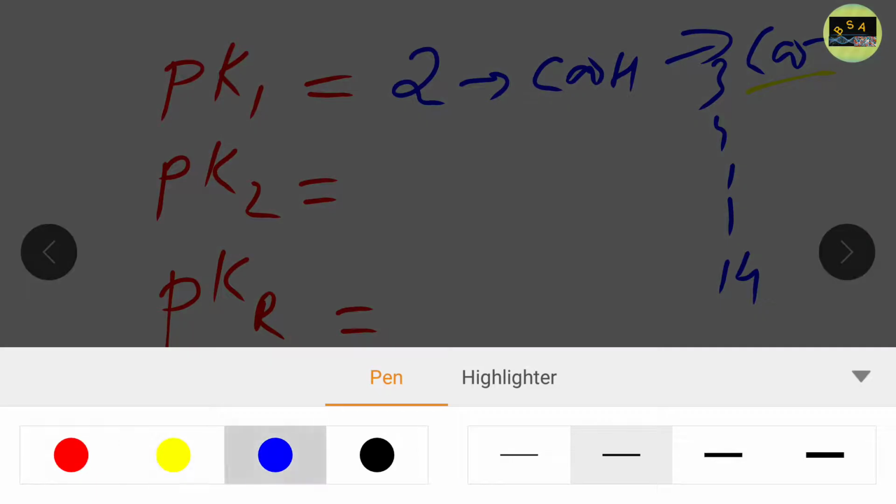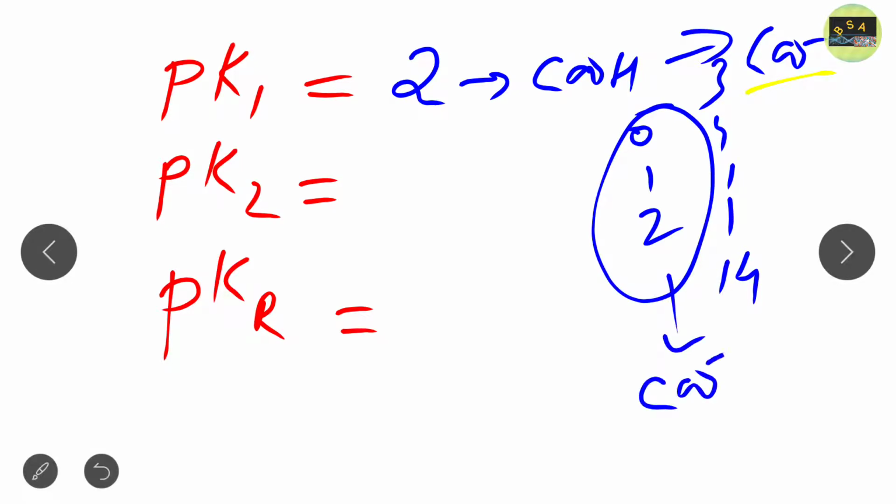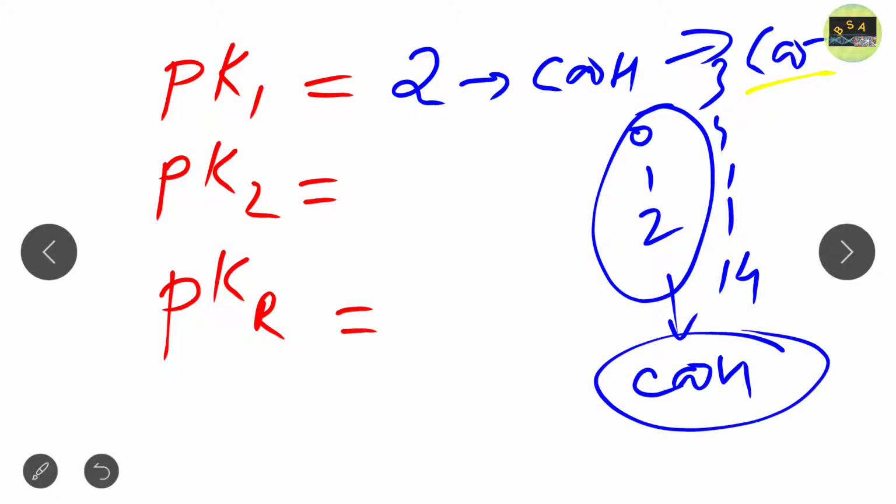And when we go below 2, that is 0, 1, 2, COO minus is converted into COOH. At pH 1 the amino acid is in COOH form, so it will remain as COOH. So this is on pK1.